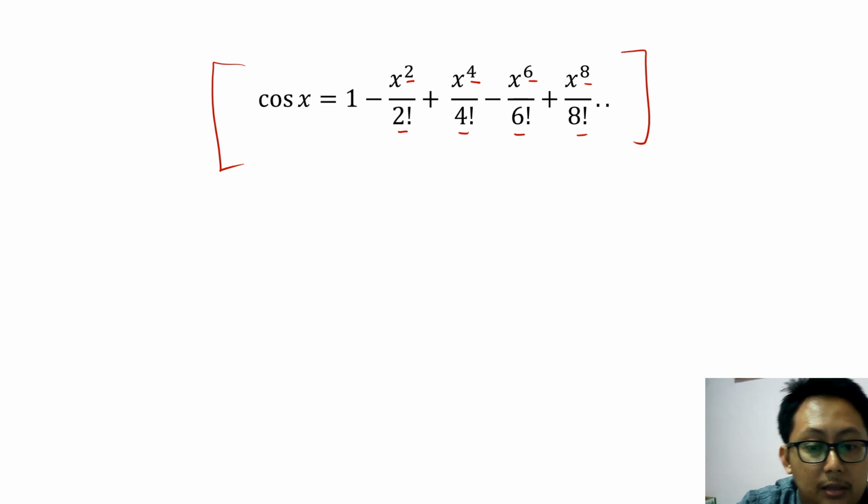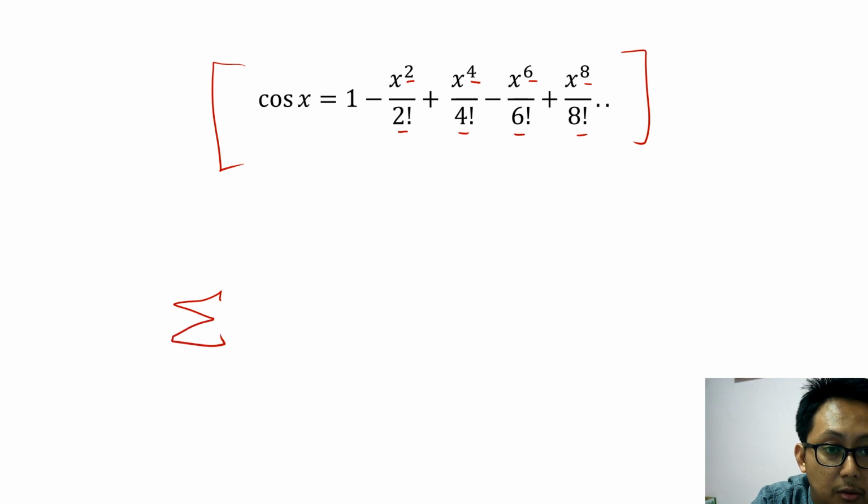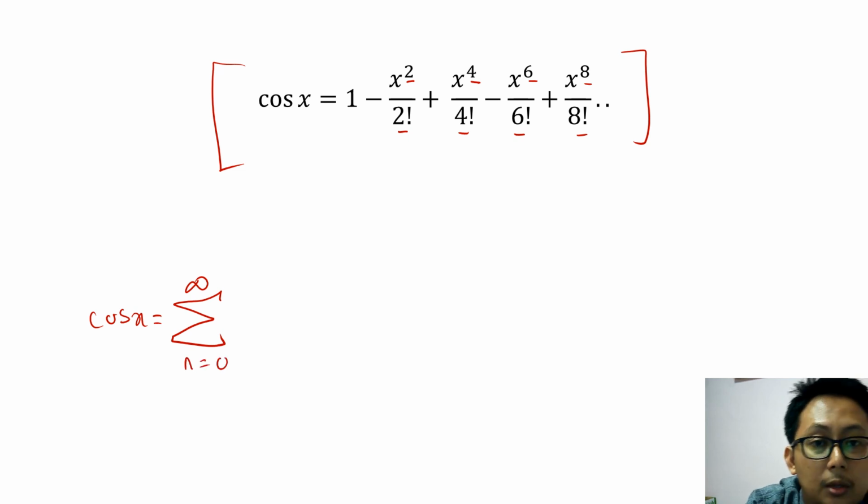Later we want to make a general solution, cos x for n starting from 0. Again we have x here, so this one is n equal to 0, n equal to 1, n equal to 2, n equal to 3, and n equal to 4.